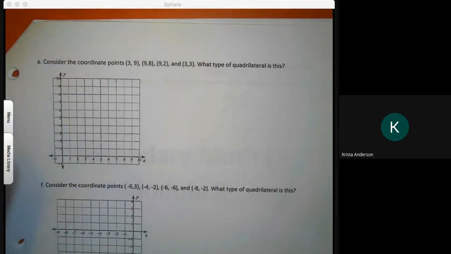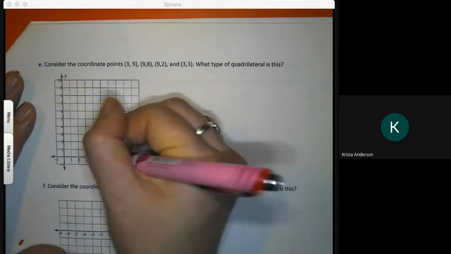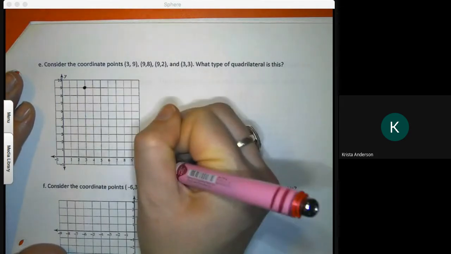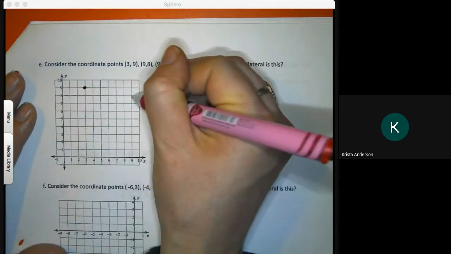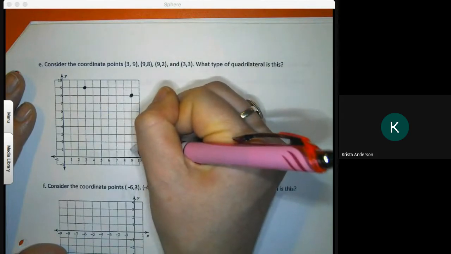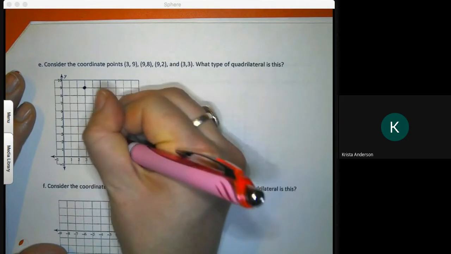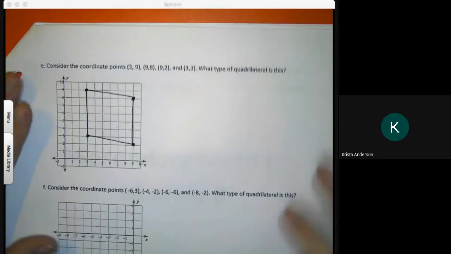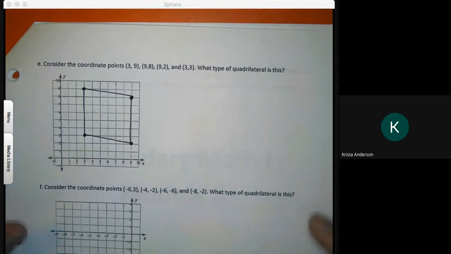Question E. 3 up 9. 9 up 8. 9 up 2. And 3 up 3. What shape?